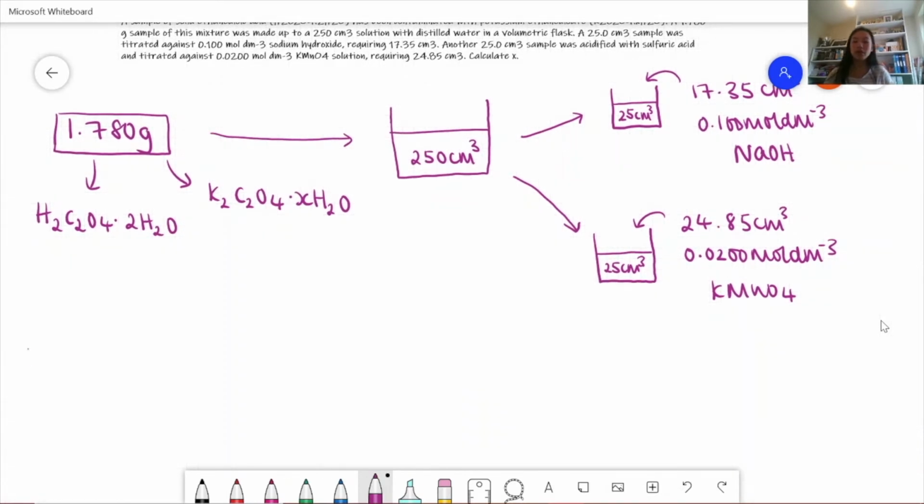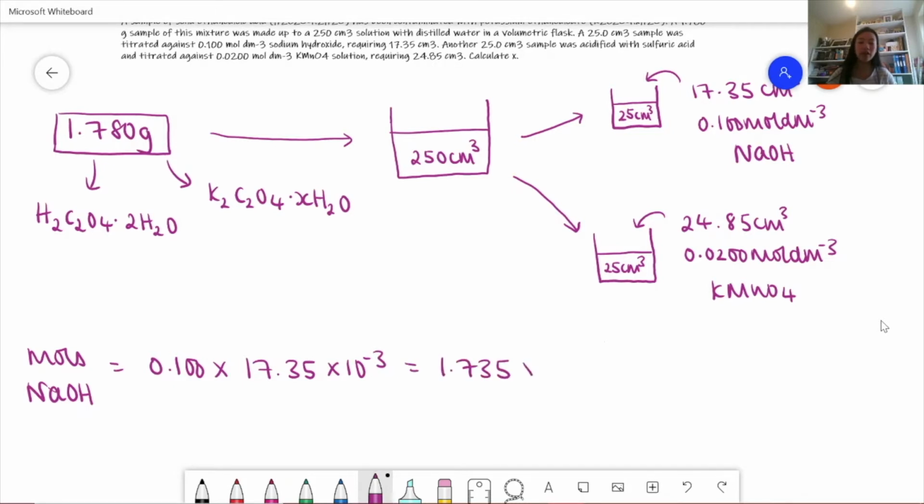So the moles of sodium hydroxide used is equal to concentration times by volume. So we've got 0.100 multiplied by 17.35, and it has to be converted to decimeters cubed, so we need to divide it by 1,000. And this equals 1.735 times 10 to the minus 3 moles.